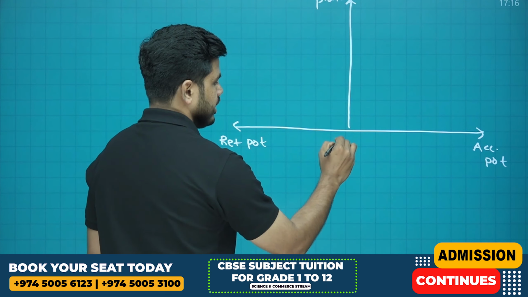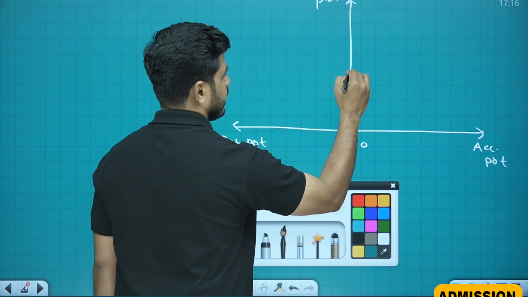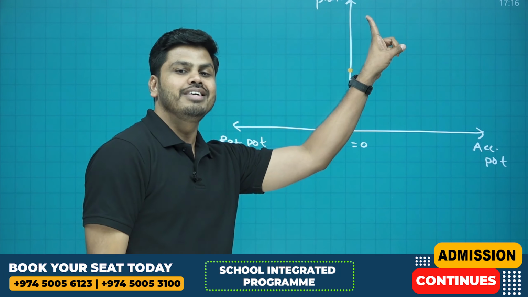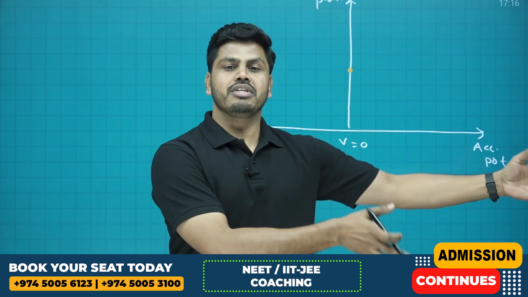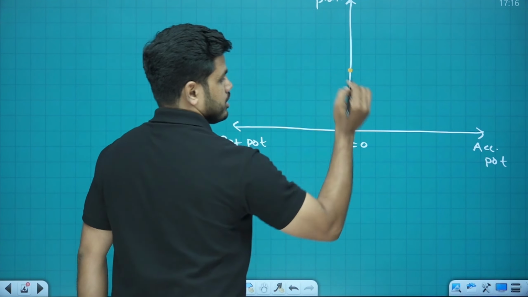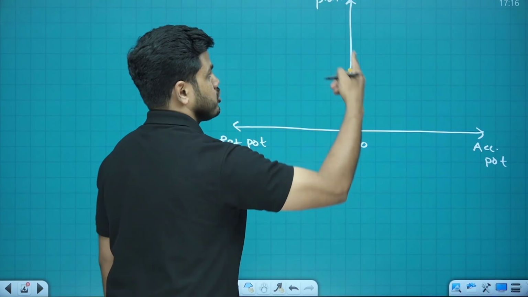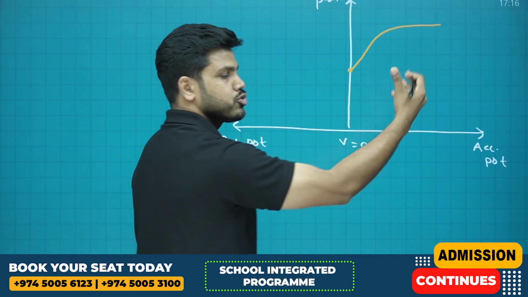And we have found in the experiment, even at zero applied potential, we had some non-zero photocurrent, right? Because some of the electrons have enough kinetic energy to cross the distance by themselves. We know the concept. So from there, when you increase the accelerating potential, photoelectric current also increases, and finally it comes to a saturation stage, right?